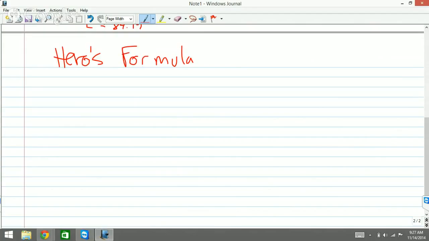Okay, this is it. Is this Hero's formula? Yes, it's S. It's a part of the formula. Okay, here's the formula for the area of the triangle.